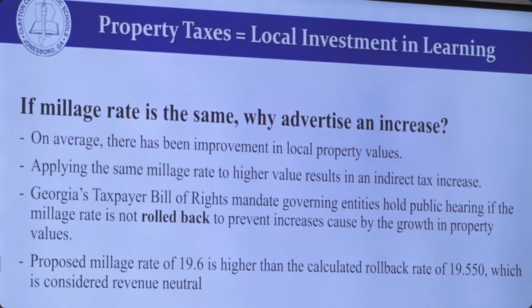So the rollback rate is a millage rate that offsets the increase in the value of the property, it makes it revenue neutral. So because we're proposing maintaining the 19.6 millage rate, that's higher than the calculated rollback rate of 19.55. Again, that's the rate that makes it revenue neutral.